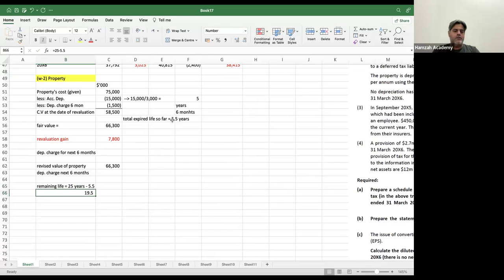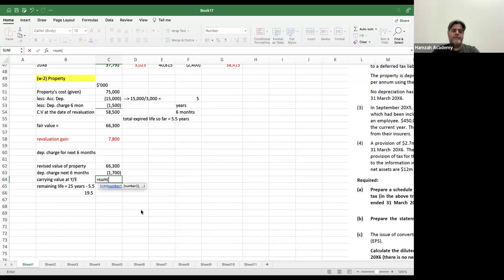Okay. So depreciation charge for the next 6 months is going to be 66,300 by 19.5 into 6 by 12, which is 1,700. Carrying value at year end is 64,600.